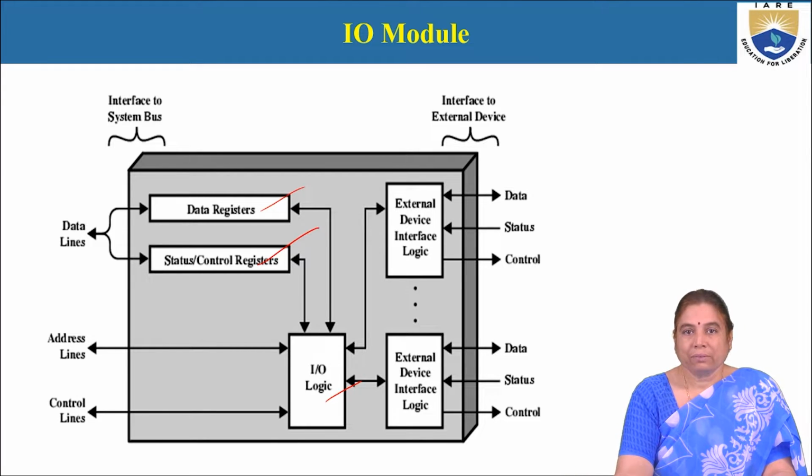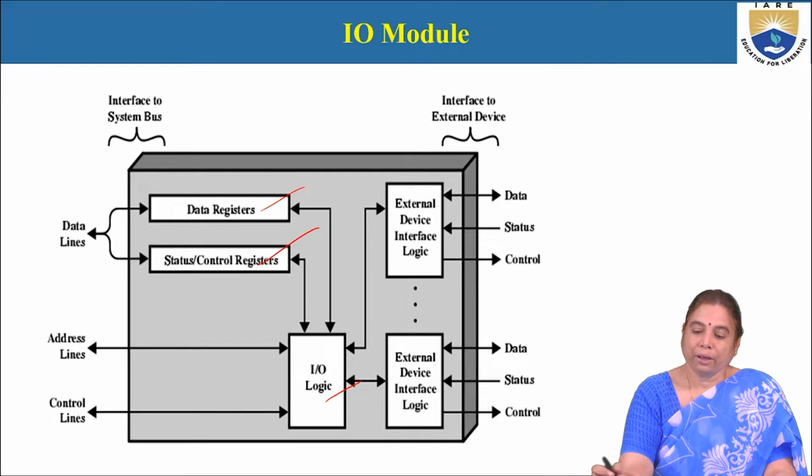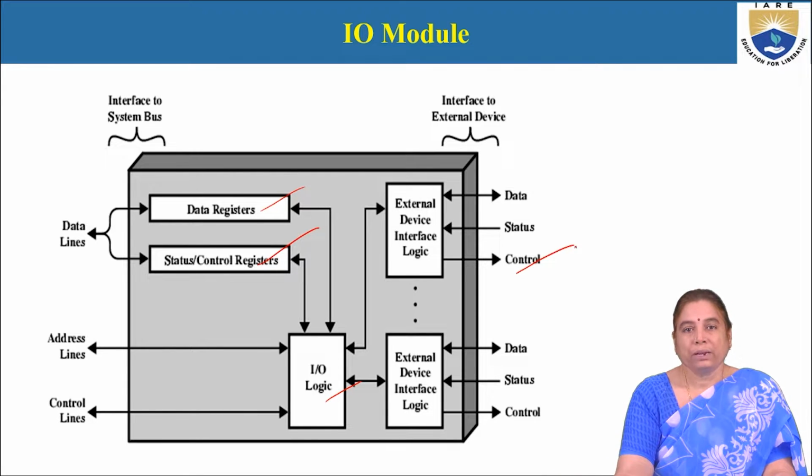Various flags are set whenever the data transfer is completed, and with the help of data, status and control signals, what operation is to be performed, whether a read operation or write operation, can be indicated. With these signals, the peripheral devices can communicate with the internal parts of the computer.